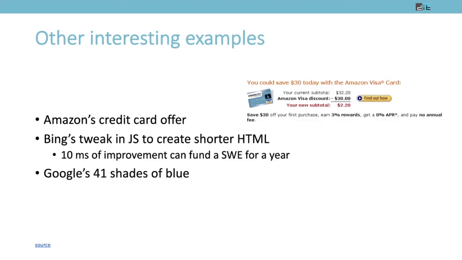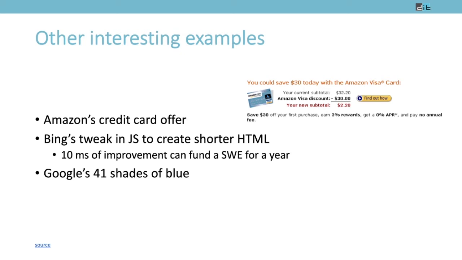Some other interesting examples is Amazon's credit card offer. Amazon used to offer a credit card, but they would be doing so early in the funnel. So once you would come in, in a lot of cases Amazon would say, hey, would you like to apply for this credit card?